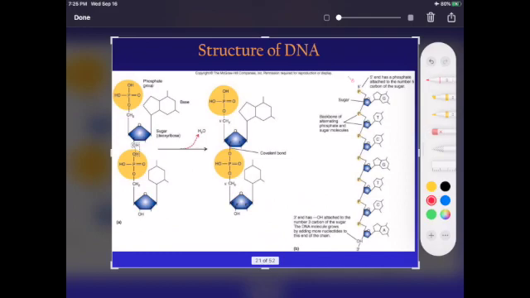Right up here, notice there's a 5' written there with a P. That's the phosphate end of things. If you look at the middle here, there's a phosphate group hanging out at the top of this nucleotide, and down here there's the sugar end.